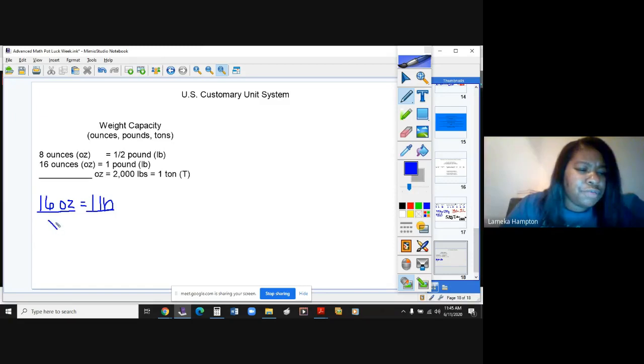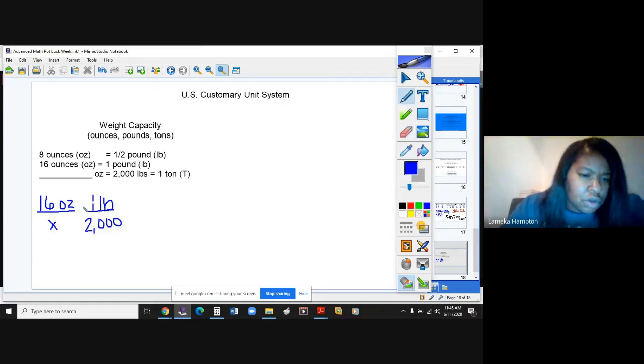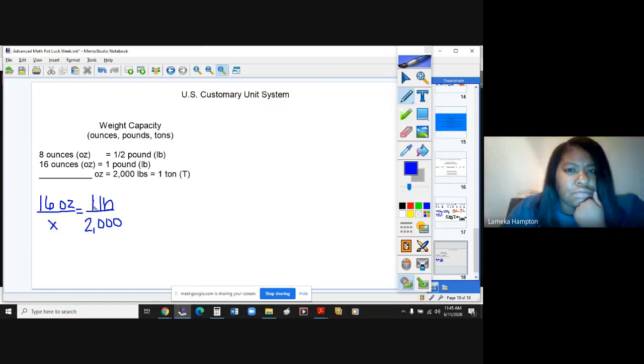This looks familiar. Doesn't this look like a proportion? And I know we've gone over proportions once upon a time. How do I solve proportions? 32,000.